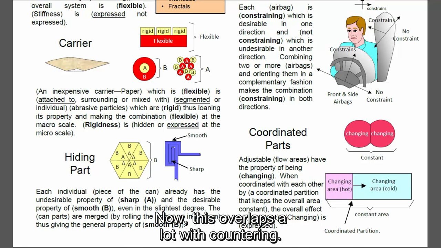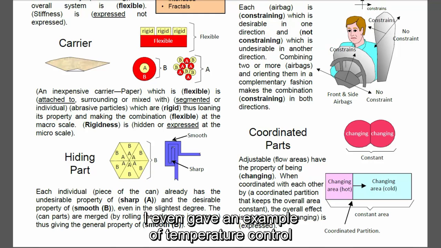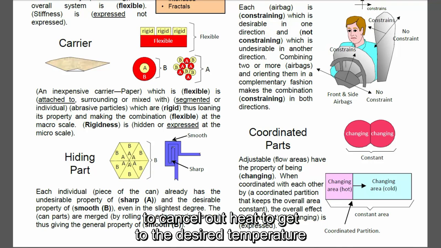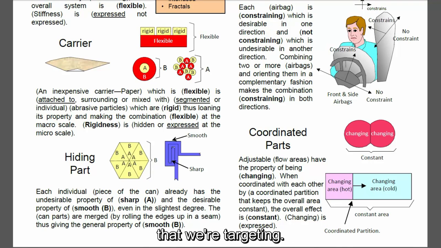Now, this overlaps a lot with countering. I even gave an example of temperature control for countering where we have active cooling to cancel out heat to get to the desired temperature that we're targeting. And in this case with the faucet, we have the hot and the cold. They are very similar.